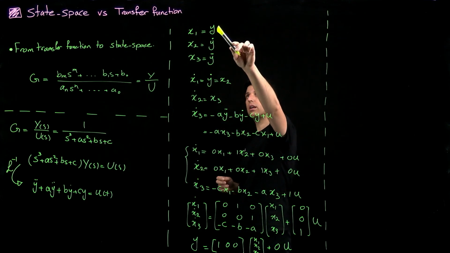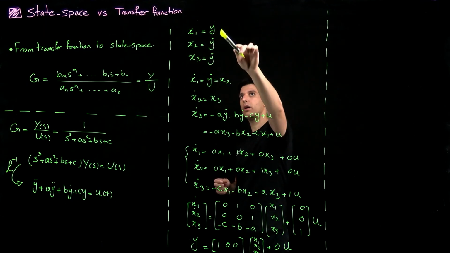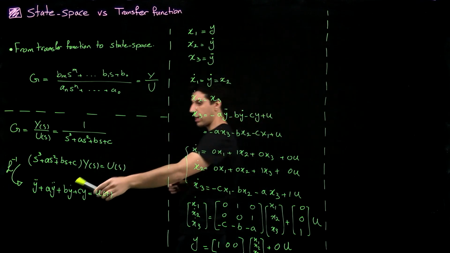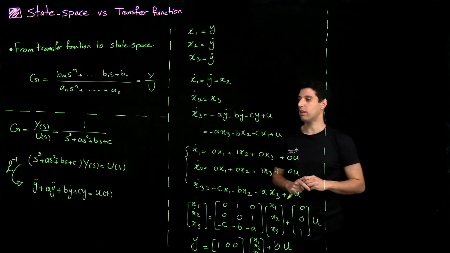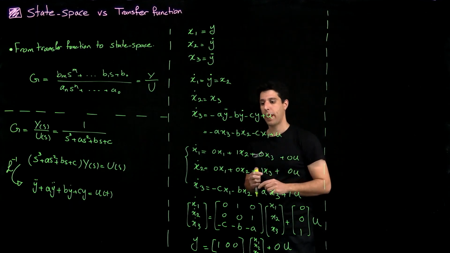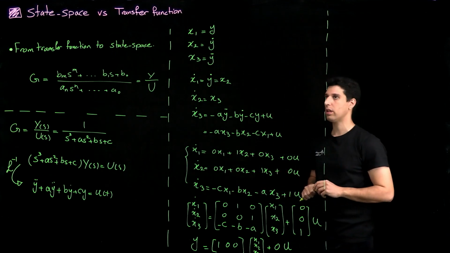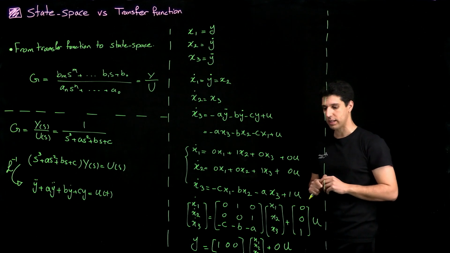You can take your states to be consecutive derivatives of your output measurement until the final derivative you need, and work out fairly systematically what the state equations are, and then construct your A, B, C, D matrices.